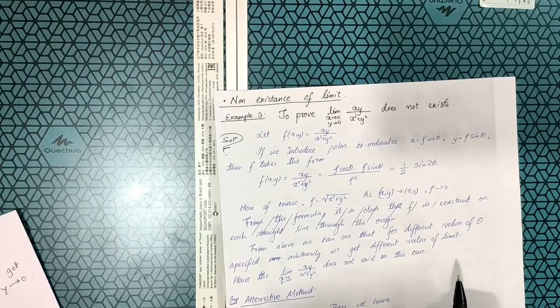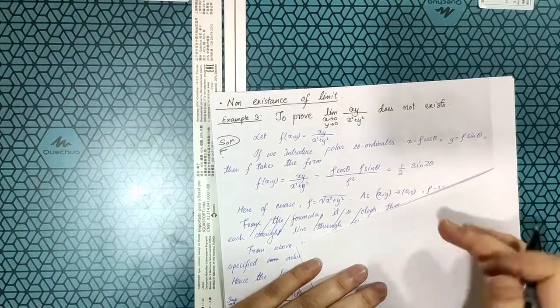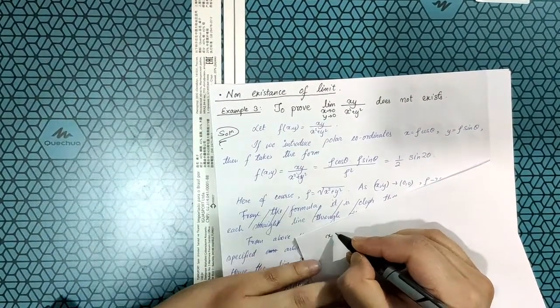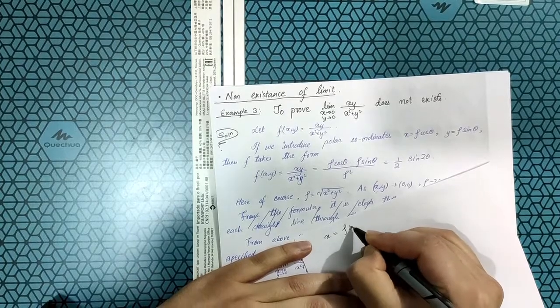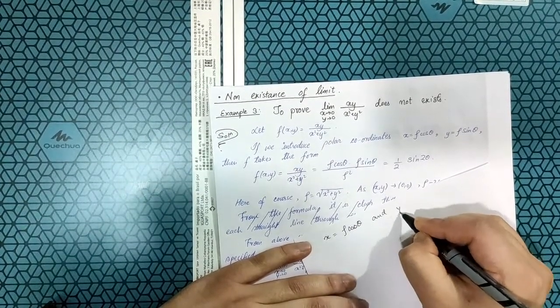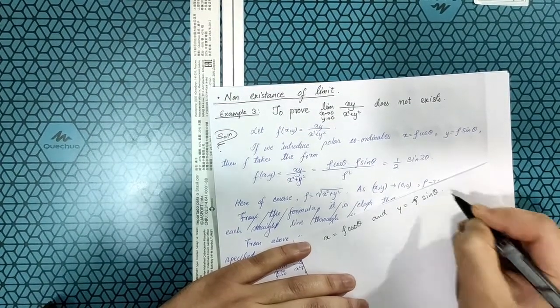So let us discuss that. Here what we do is we take the polar coordinate system. So x will be denoted by rho cos theta and y will be denoted by rho sin theta.